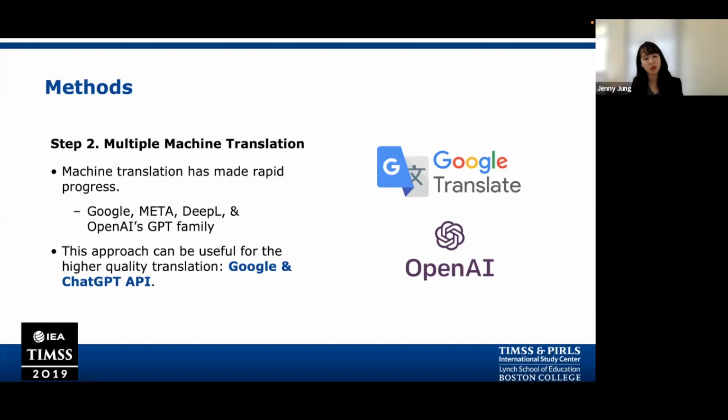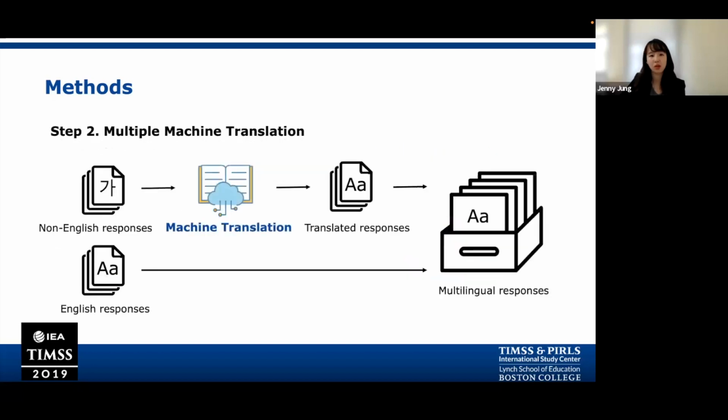So in this study, we decided to use multiple machine translation rather than relying on a single machine translation to achieve higher-quality translation. Specifically, we used Google Translate and the ChatGPT API for translating non-English language responses into English. This figure shows how we were able to build a huge cross-language and cross-country dataset in English.